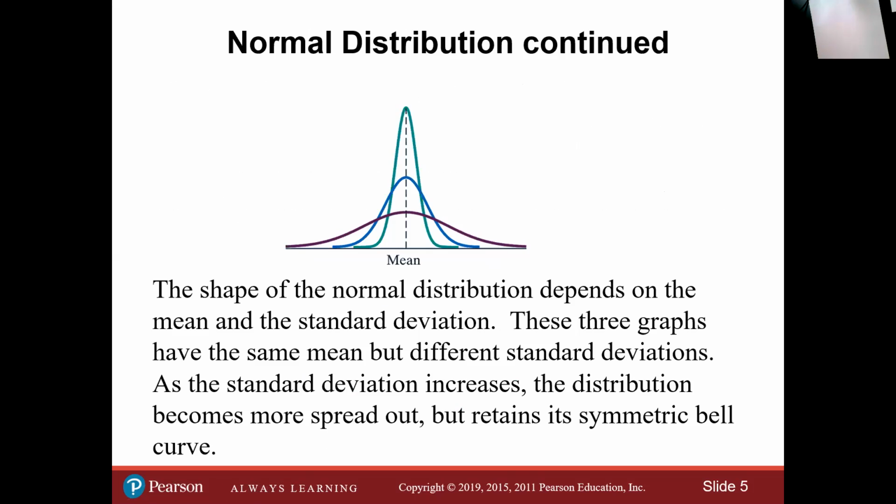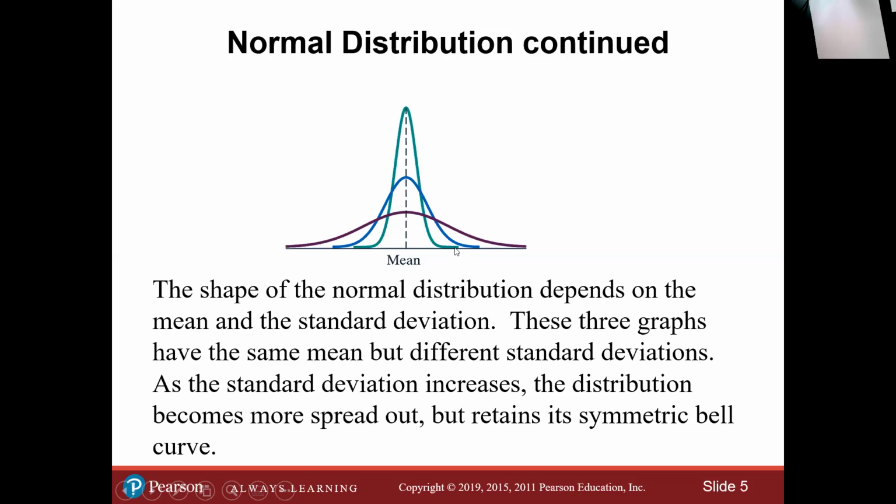The shape of the normal distribution depends on the mean and the standard deviation. The mean is in the center of the bell curve. If the standard deviation is very small, you get a tight, tall kind of curve where most of the data points are very close together.